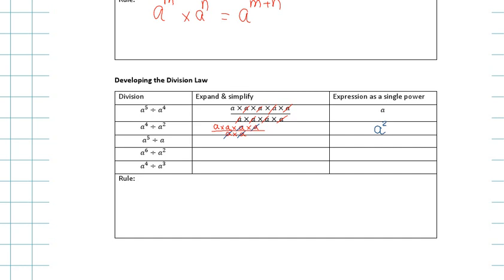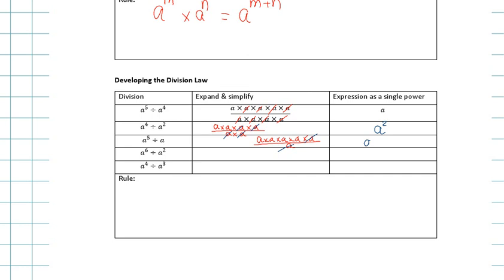A to the power of 4, do we agree? If I have a times a times a times a times a over a, I cancel only 1, so I'm left with a to the power of 4.